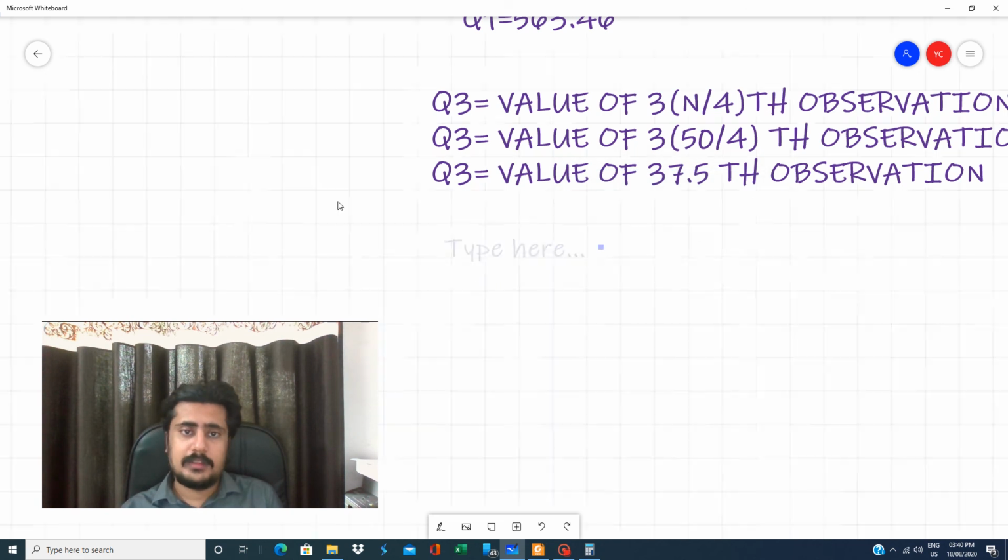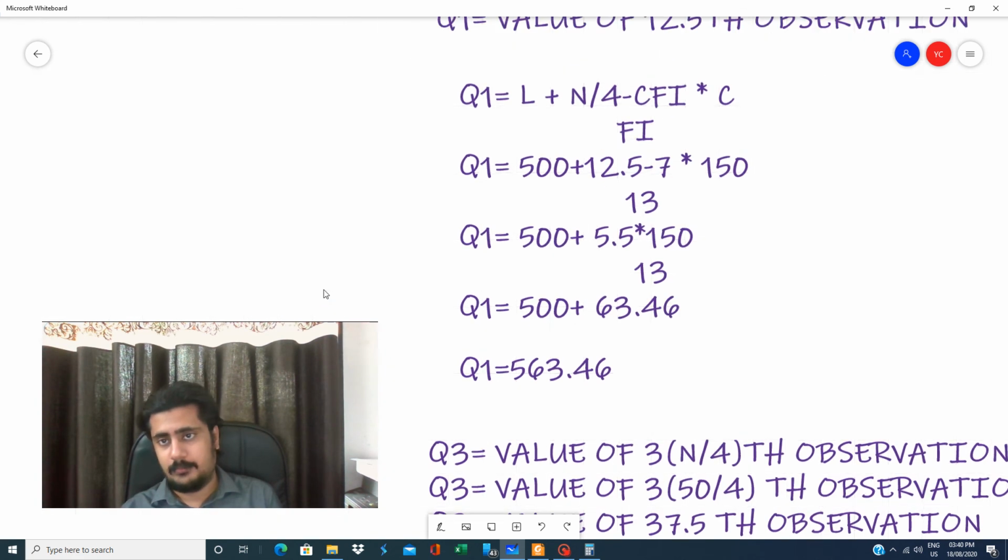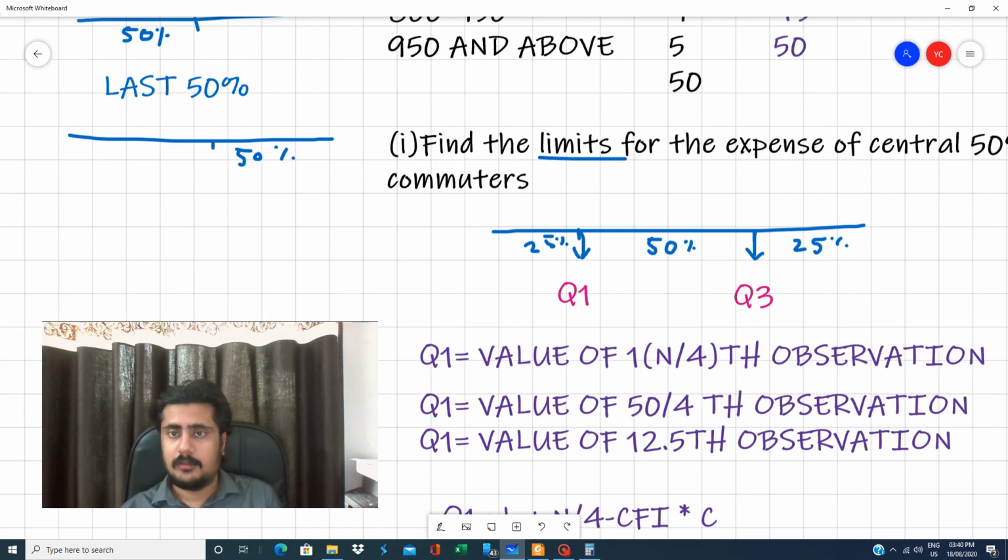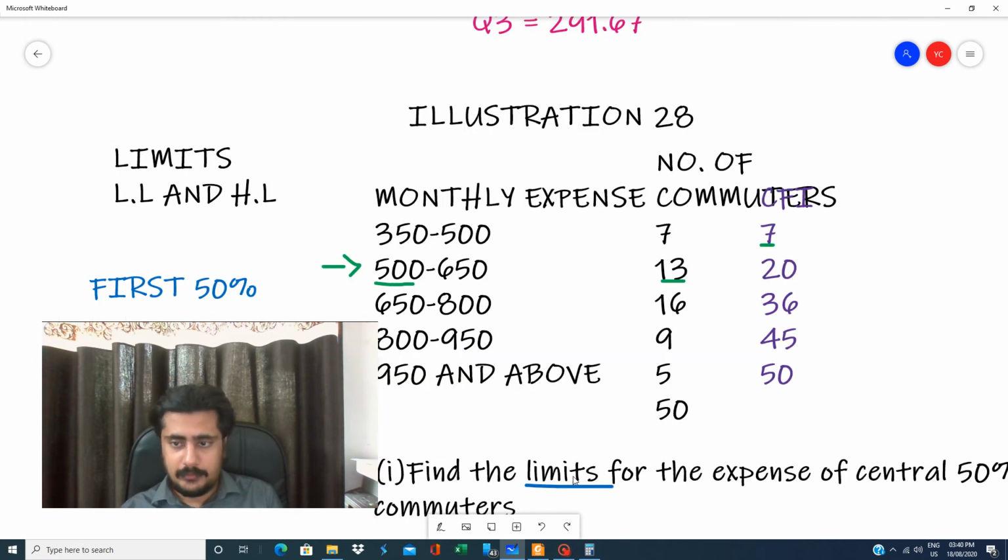Now where will this 37.5 fall? It will fall in this class. So this is your lower boundary, this is your frequency, this is your cumulative frequency, and 150 will be your class length.